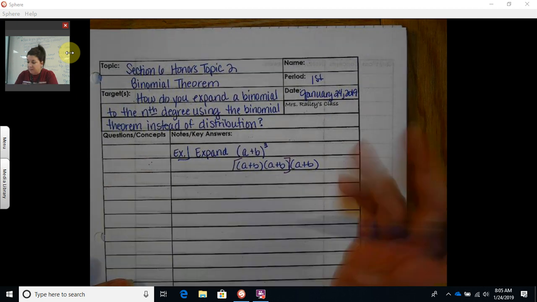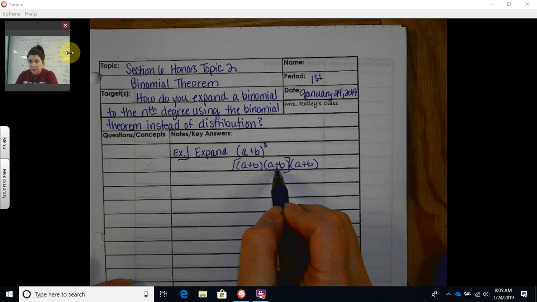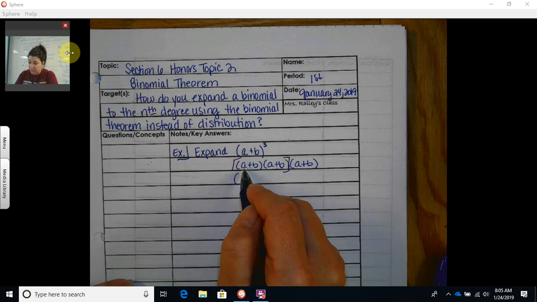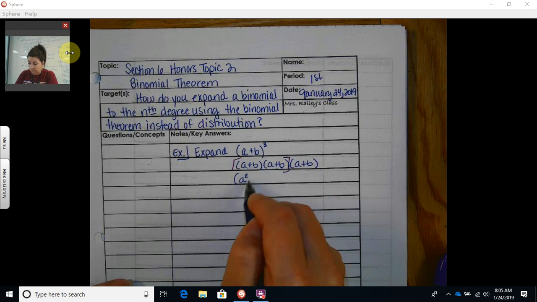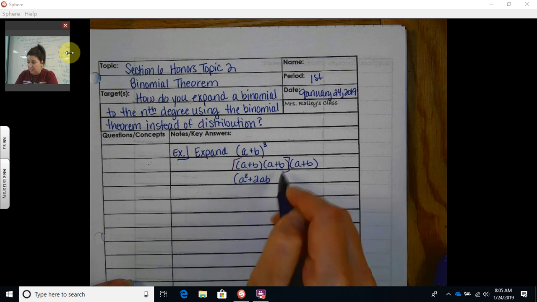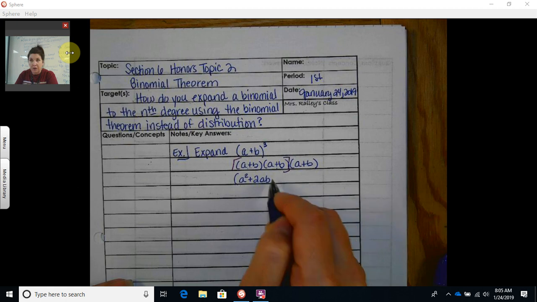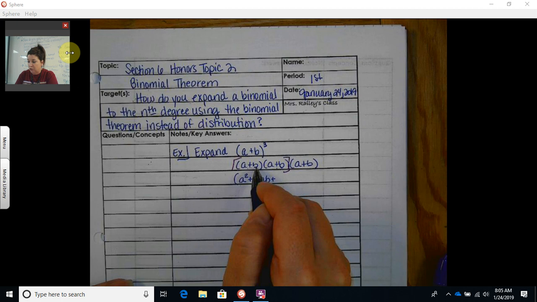If I have a perfect square trinomial, to use the identity to get it in standard form, I take the first term in each set and square it, multiply what's in the parentheses together, and then double that. So a times b is ab doubled is 2ab, and the sign is the sign in the parentheses. And then to get the last term, it's always plus on a perfect square trinomial, and you square the second term in the set, so that would be b squared.